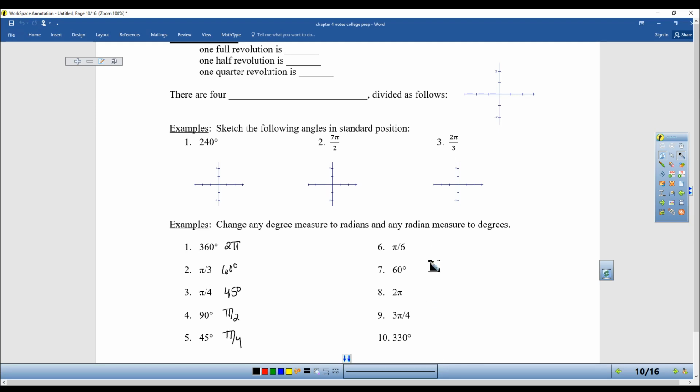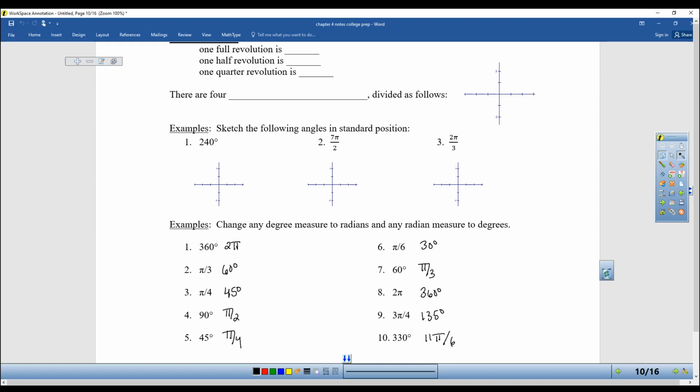Use your unit circle to see if you can get the rest of these. And then come back and look. 30 degrees, pi/6. 135 degrees, 3 pi/4, and 330, which is 11 pi/6.